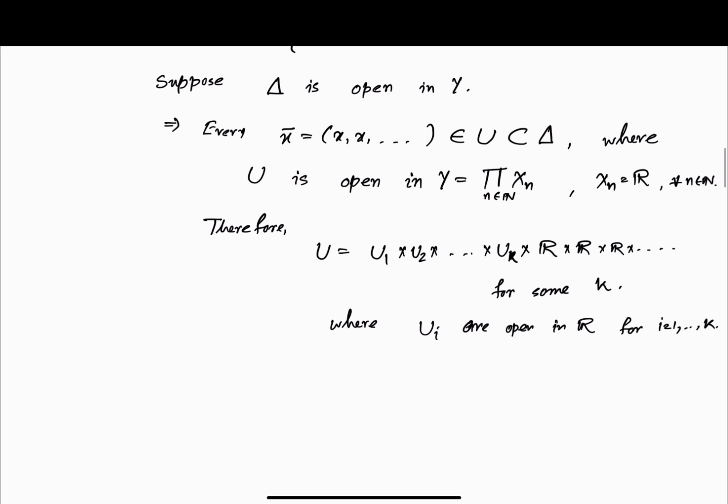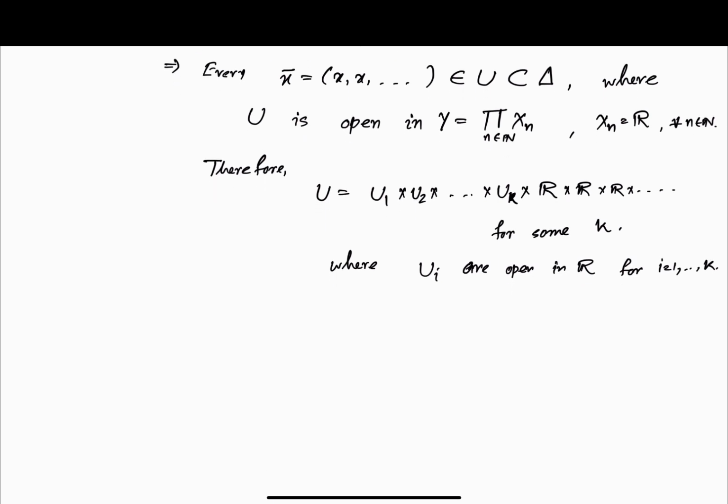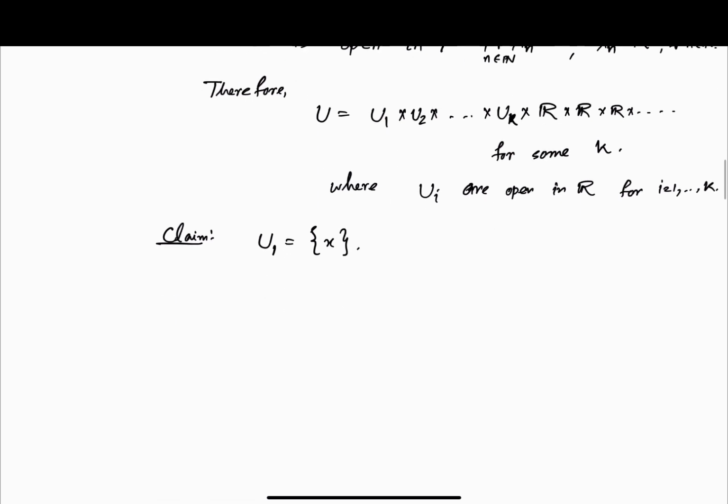Now we claim that this U1 will be the singleton {x}. Suppose not. Then there exists another point y in this open set U1 such that y is not equal to x, a point other than x.